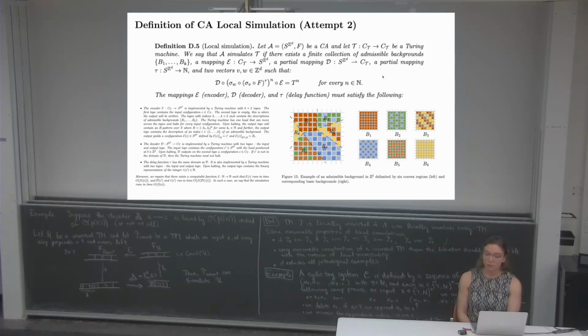But just to give you an intuition for how we could make the definition of local simulation more general to account for this case, well, first of all, we should not only allow for quiescent backgrounds, but for some admissible backgrounds. So for instance, they could be some simple patterns, like these ones, or even some convex regions, let's say finitely many convex regions, where each has a different periodicity of some pattern, which is the case for rule 110.